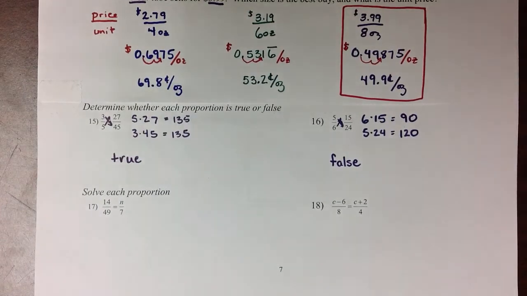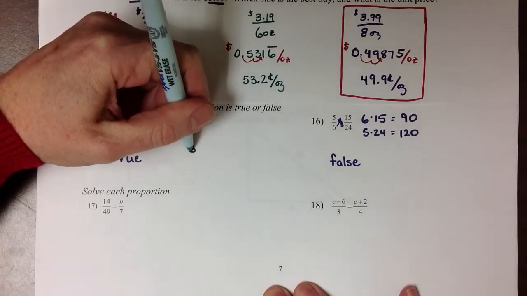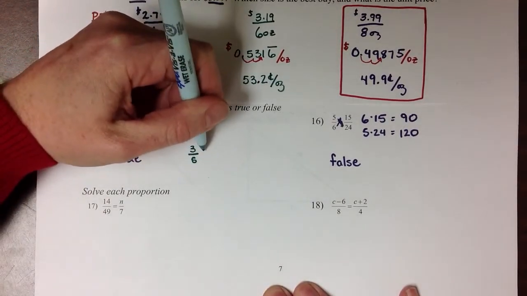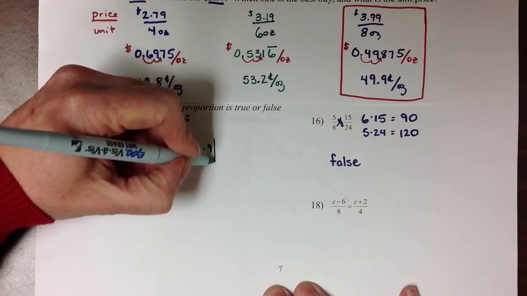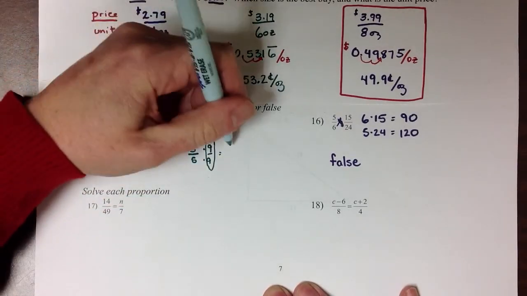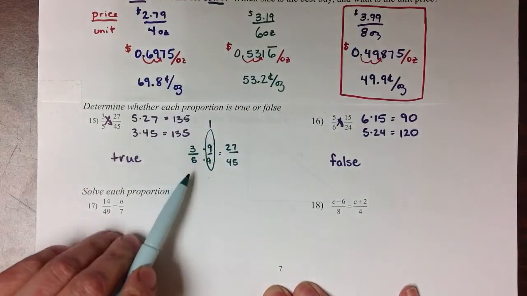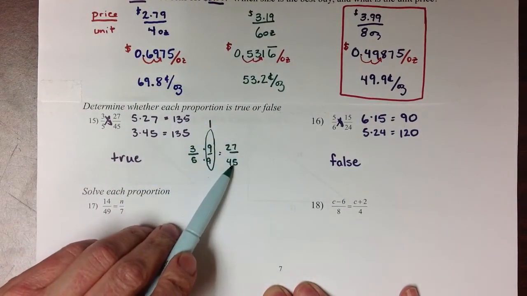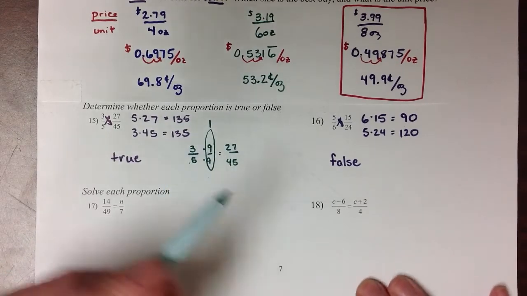Now, you already had a way of figuring out whether or not these were true using the math that you knew for fractions. Because I can take 3/5 and multiply it by a fancy version of the number 1, 9/9, to reach 27/45, I knew that 3/5 and 27/45 were equivalent fractions, and therefore this proportion was equal.